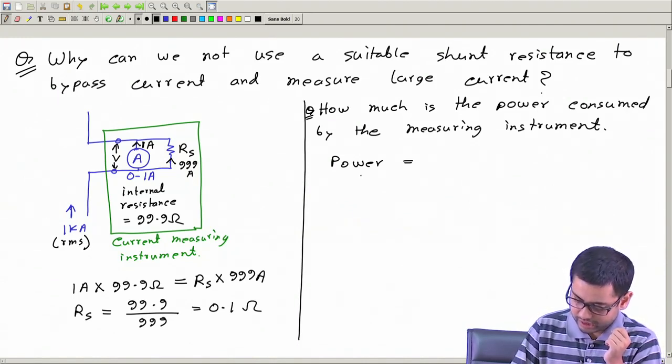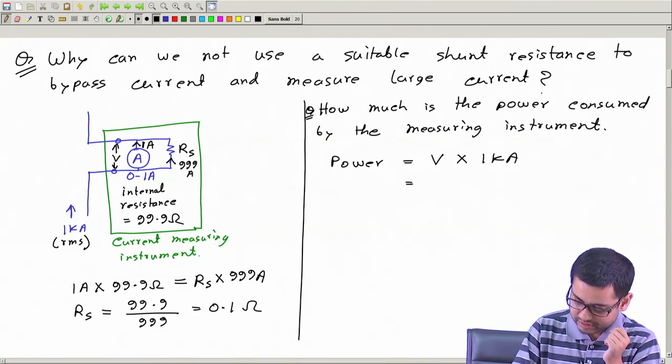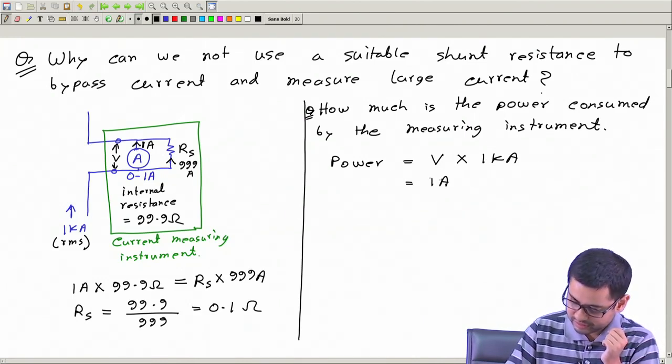And this is resistive, this is also resistive, so power factor is 1. So we can write the power to be equal to V multiplied by 1 kiloampere current. And now how much is V? V is 1 ampere multiplied by 99.9 ohm.